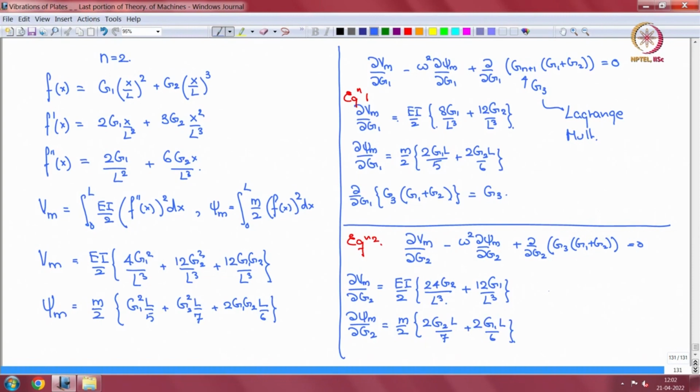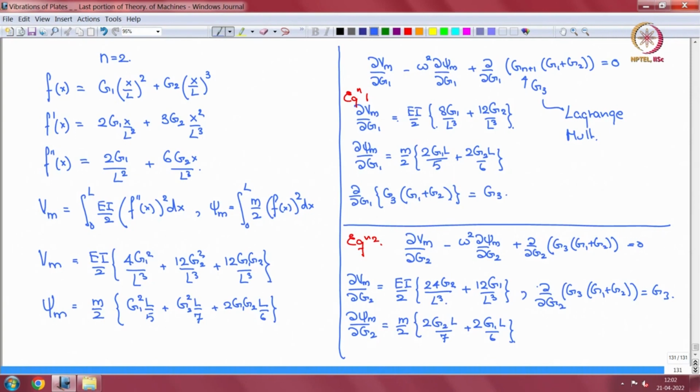Lastly, del G2 of G3 into G1 plus G2 is equal to G3. That's the second equation terms.